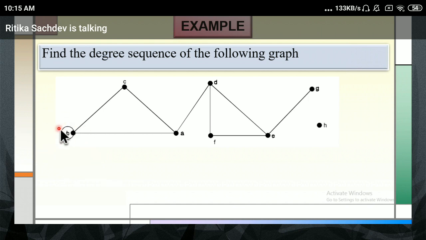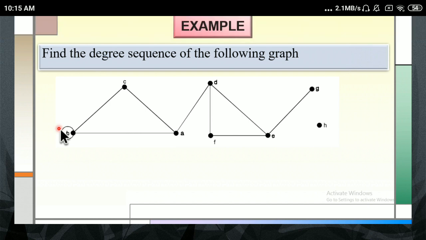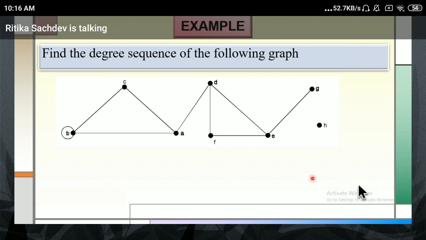When it is a loop, it has to count two edges. Harsh and Meenakshi have given the correct answer.